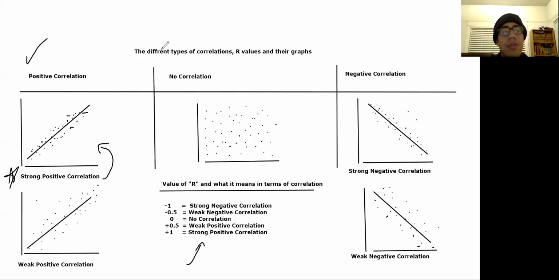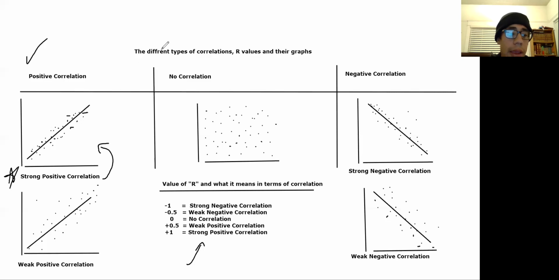All I did was draw a dark line. That line is important, by the way, and you are going to have to figure out what that line is and the equation for that line later on in this video. But I need you to first be able to identify that that is what we call a strong positive correlation, because most of the coordinate points are very, very close to that trend line.